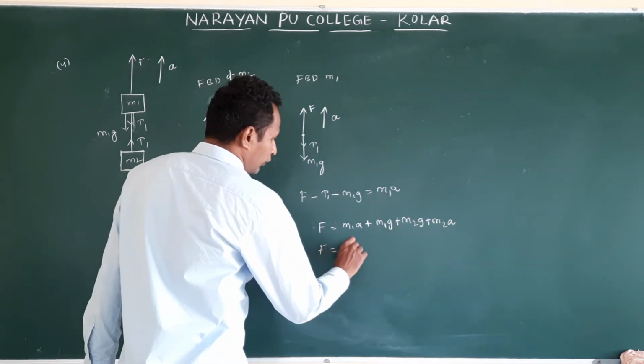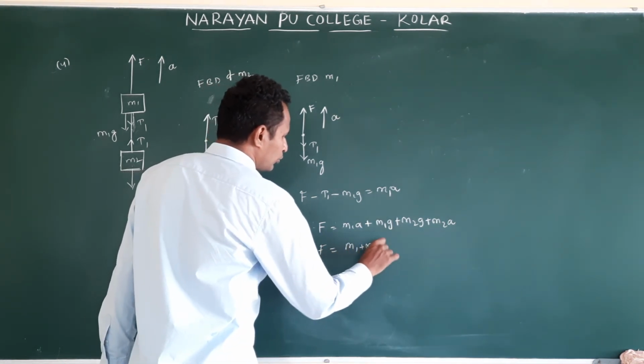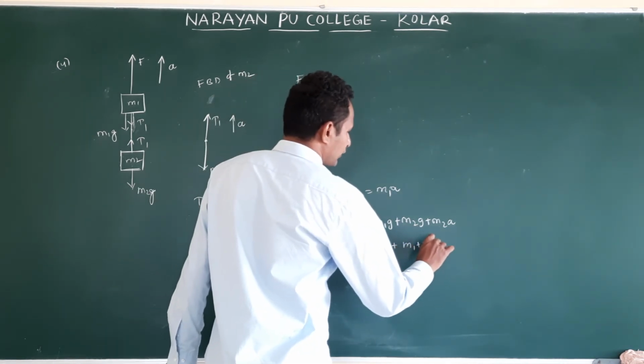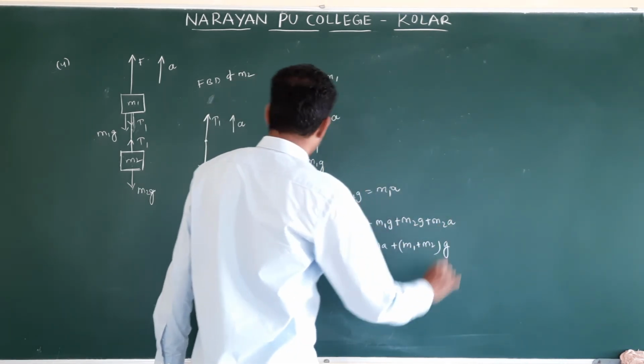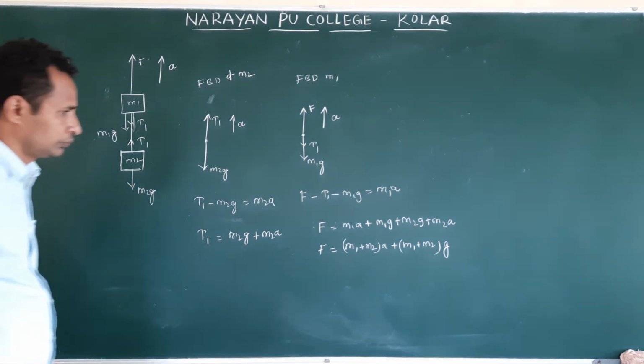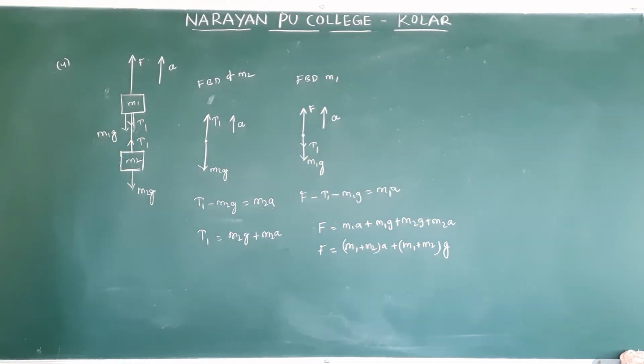So (M1 plus M2)A plus (M1 plus M2)G. Right? Am I correct or not? Right?